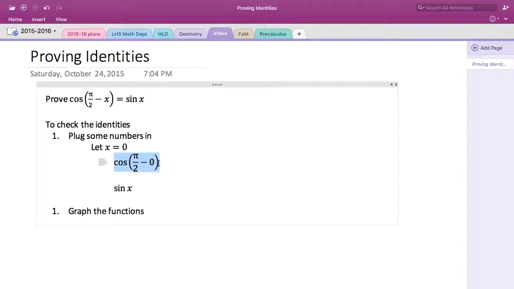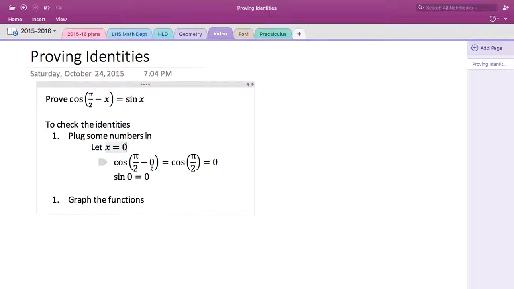This is simply cosine of pi halves. Cosine of pi halves means you're at 90 degrees on the unit circle, and you look at the x coordinate. The x coordinate should be 0. How about sine of 0? When you're at the starting point, what is the y coordinate? It is 0.